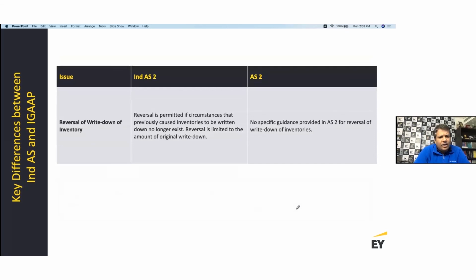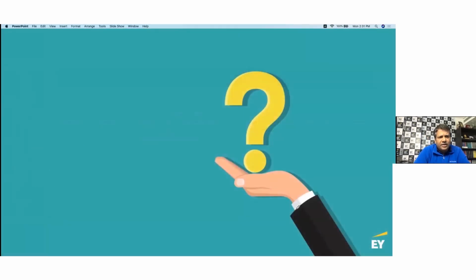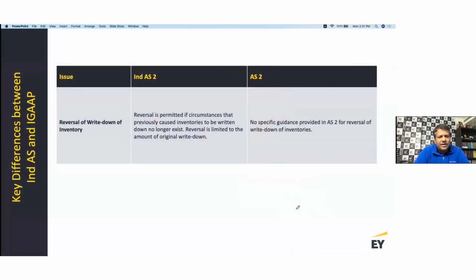If there's a write down, then reversal is permitted in circumstances where the conditions that previously caused inventories to be written down no longer exist. There is no specific guidance, but in practice we do a write down or reversal under Indian GAAP as well.